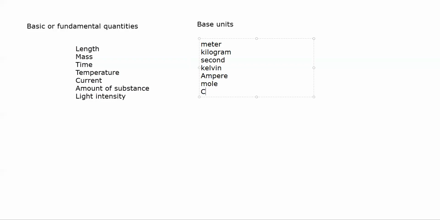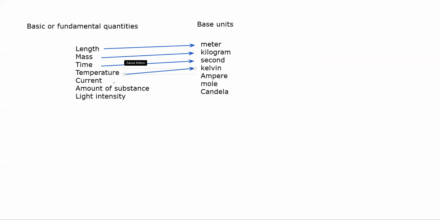And light intensity is candela. I was reading the amount of substance, that's why I said it wrongly, but the SI unit of length is meter, mass is kilogram, time is second, temperature is Kelvin, current is ampere, amount of substance is mole, and light intensity is candela.